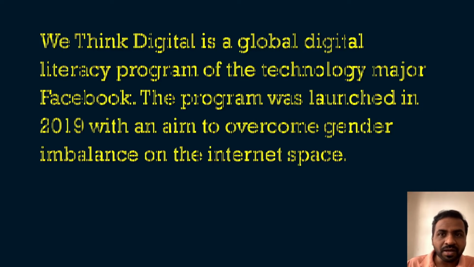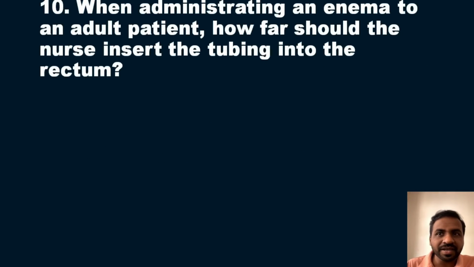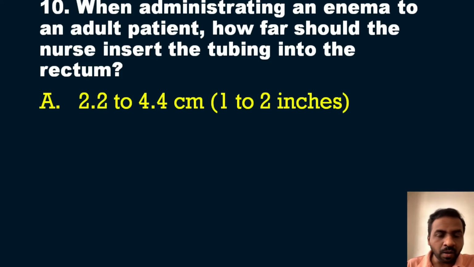Now we'll move on to the next question in our series, that is the 10th question. When administering an enema to an adult patient, how far should the nurse insert the tubing into the rectum? That is the question for you, and the options are: option A, 2.2 to 4.4 centimeter or 1 to 2 inches.